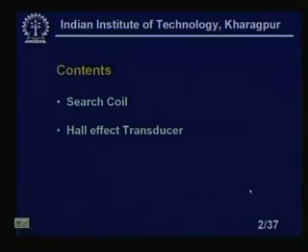Sometimes people call it a magnetometer search coil, sometimes simply a search coil, right. And the second transducer we will consider in detail is the Hall effect transducer. I apply a magnetic field which comes through this and goes out of this, and I apply an electric current which enters through this and goes out of this.